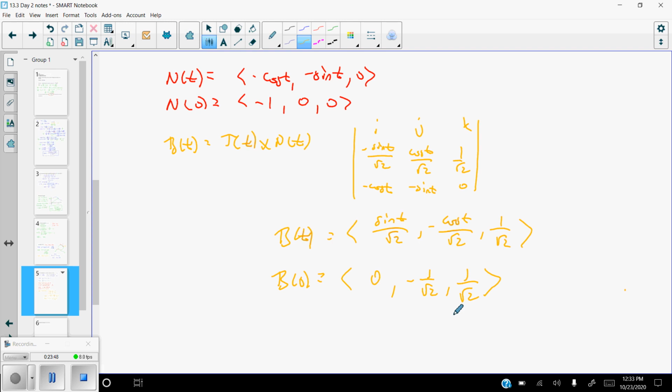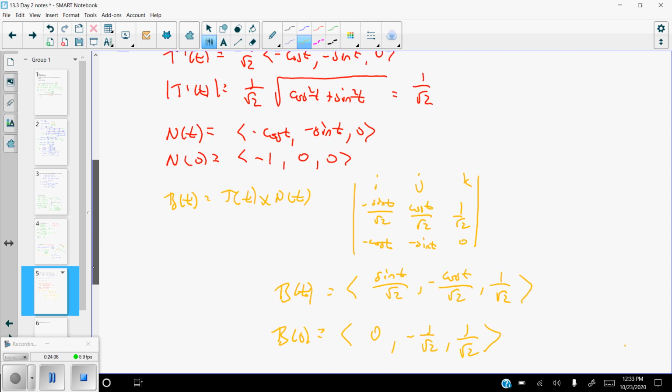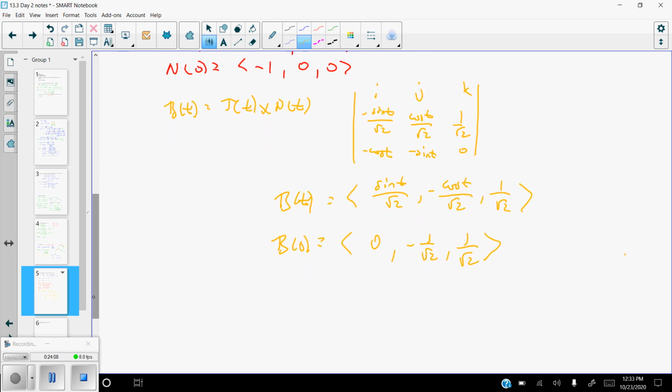So if I take the binormal vector that's given here and I dot it with the normal vector, it should be 0. If I dot it with the unit tangent vector, it should be 0. And if you dot the normal vector with the tangent vector, that should also be 0. And all of those things do work out. I'm not going to walk through all of them, but they all do work out. So there you go. That is the concept of the unit tangent vector, unit normal vector, and the unit binormal vector.